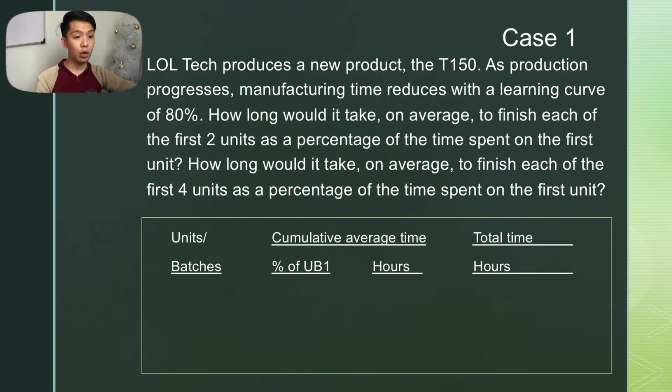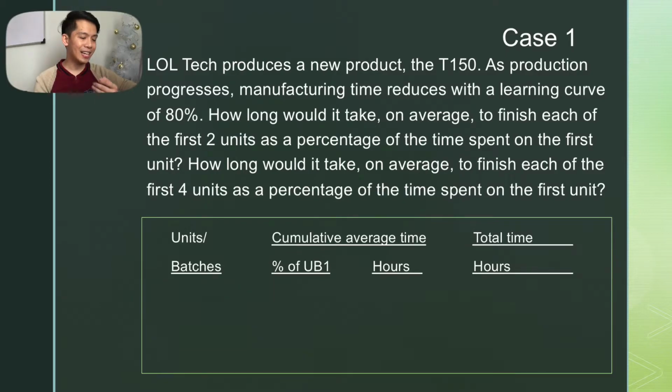It talks about what is the total time divided by the number of units produced as a percentage of the first unit or batch. And the next column would be in terms of hours or sometimes in terms of pesos, depending on what is being asked. Then for the last column, the fourth column, we have the total time in hours or maybe expressed in costs.